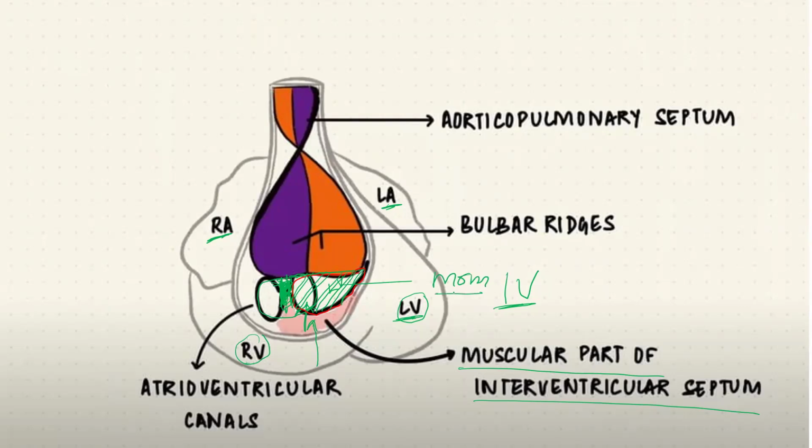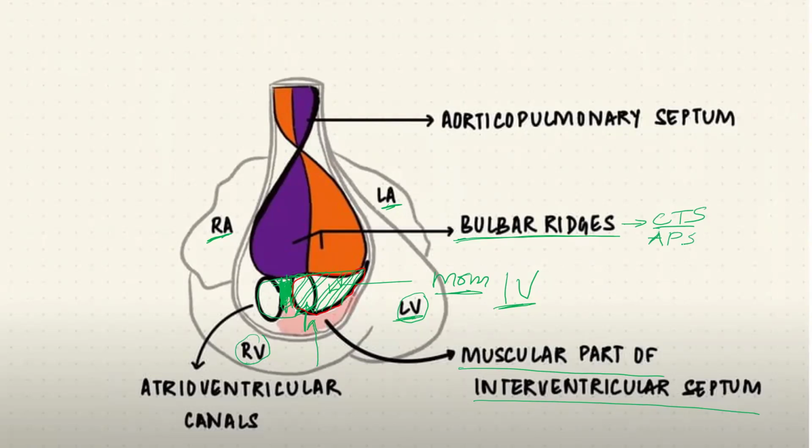But the membranous part of the interventricular septum will also be formed by the bulbar ridges, which are part of the conotruncal septum. So the membranous part has two sources. One, the endocardial cushions. Two, the bulbar ridges, or the conotruncal septum, or the aorticopulmonary septum.